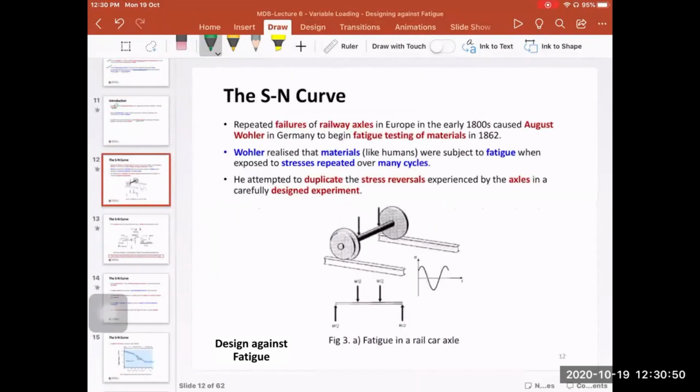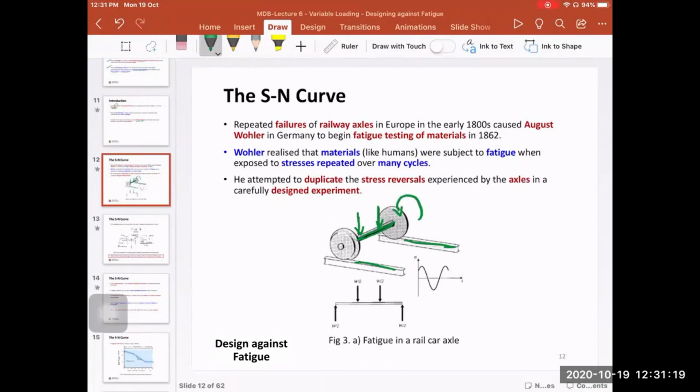So how did it all start? It started in 1900, where there were repeated failures of railway axles in Europe. You see here the railway tracks, and here the railway axle, and it is subjected to some loadings, and it rotates at the same time.